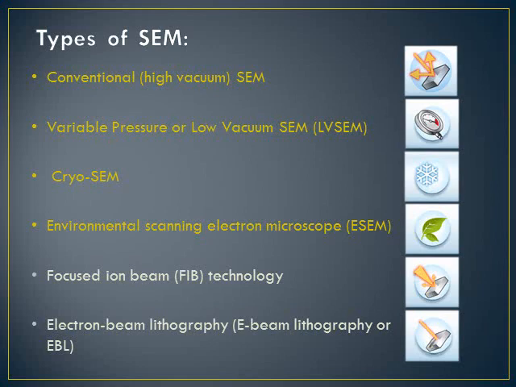There is another method which is called FIB. This technology involves using an ion beam directed onto a hard sample. The beam is focused to an extremely fine probe size onto the surface of a specimen. FIB can cut 10 nanometer thick sections from very hard materials.